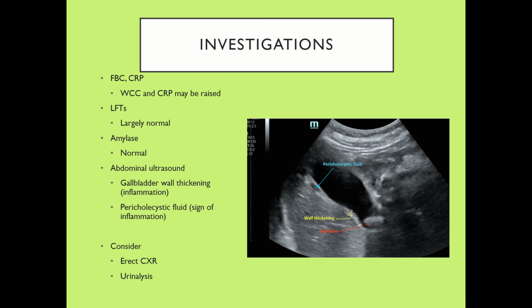Again, amylase would be normal. On abdominal ultrasound, you might see a bit of gallbladder wall thickening, indicating inflammation, and you might also see a little bit of fluid or pericholecystic fluid, just fluid outside of the gallbladder. Again, this is just a sign of inflammation. You would also consider things like an erect chest x-ray, maybe some urinalysis. Some of these patients might come in with almost right flank pain, so it might be difficult to distinguish from renal colic.